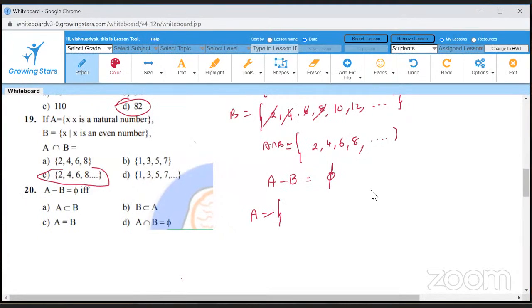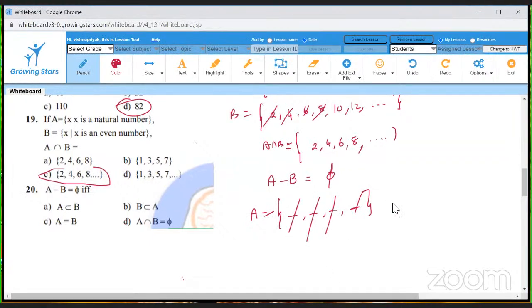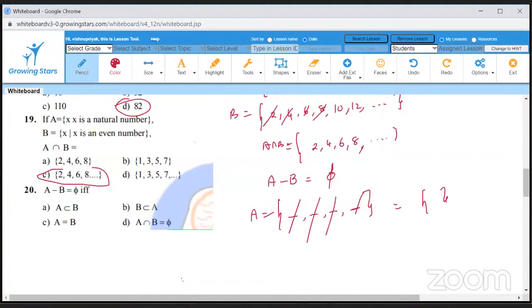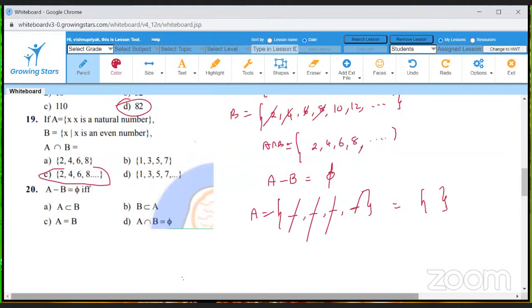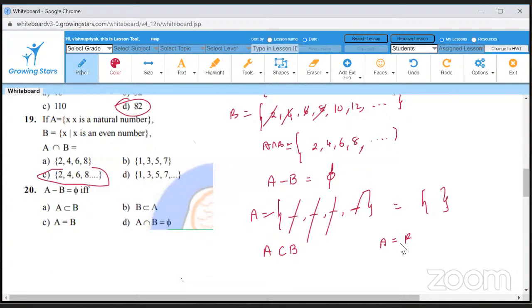There is set A. In this, there are many things. Out of these, if you remove B, nothing is left. What does that mean? A has to be a subset of B. Proper subset of B. It can be equal also. A and B can be equal also.